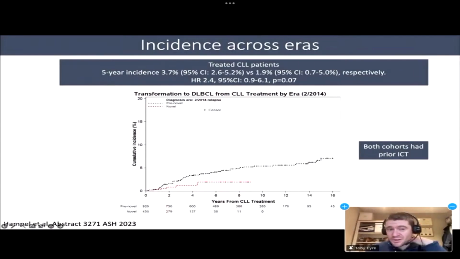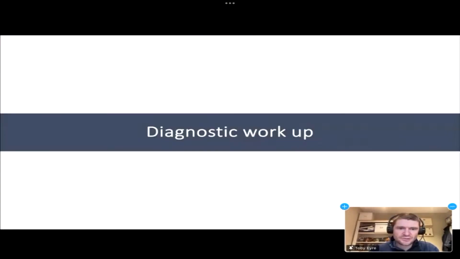So we don't have a lot of data on, for example, novel approaches from diagnosis and what that does to the risk of transformation. So it's still an open question.